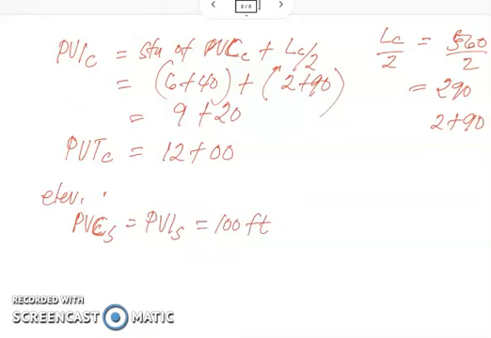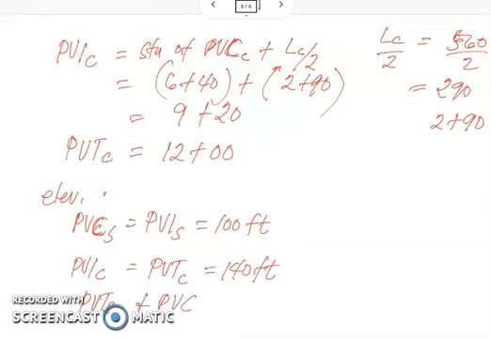And for our PVI for the crest vertical curve, actually that is equal to the PVT of the crest vertical curve. So that is actually equivalent to 140 feet.